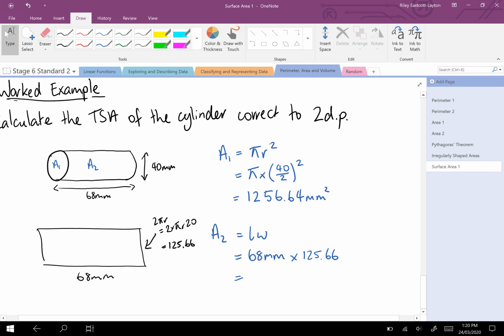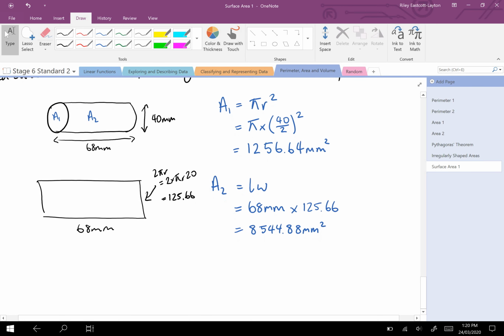Alrighty, so we go 125.66 times by 68, and we get an answer of 8544.88 millimeters squared.